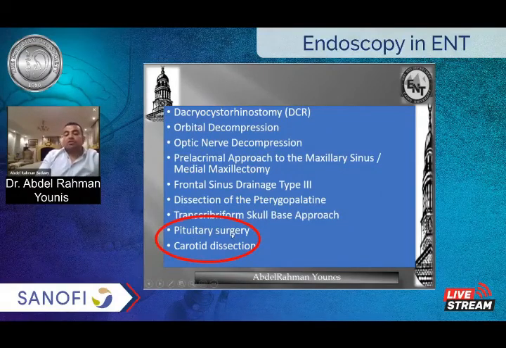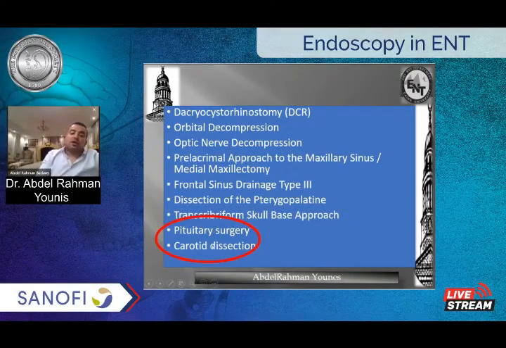And after pituitary surgery, you can do transclival, transplanum, transcribriform, transodontoid. You can reach any part of the skull base from anteriorly to the first vertebra. And carotid dissection, of course, is an excellent way to understand the relation between ear and nose, because you start to dissect the carotid from the middle ear till you enter the cavernous sinus.